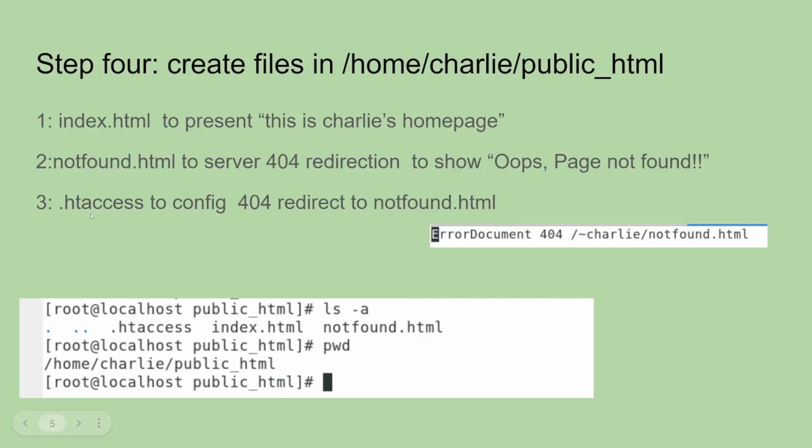And in .htaccess, I just add this line. This line means define the error document: when Apache server triggers a 404 event, then redirect the response to using this HTML.